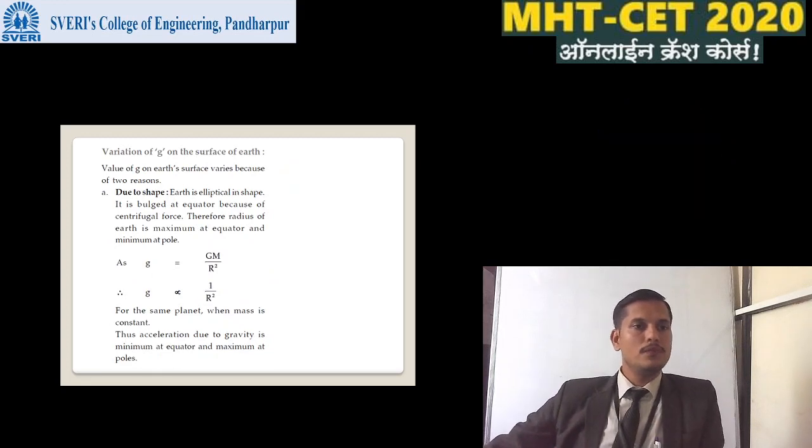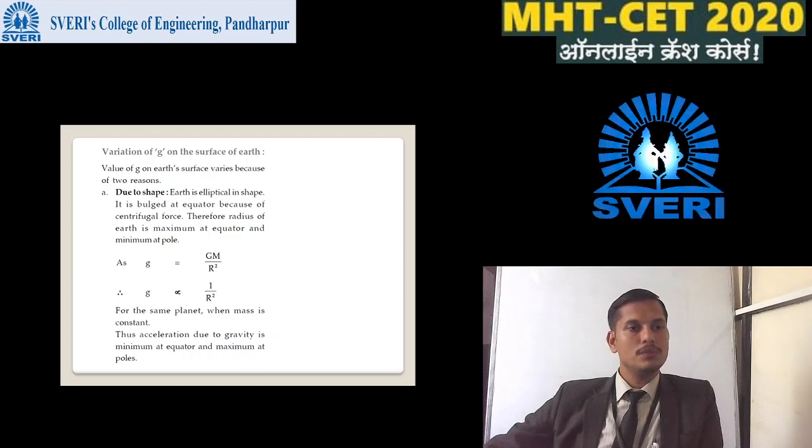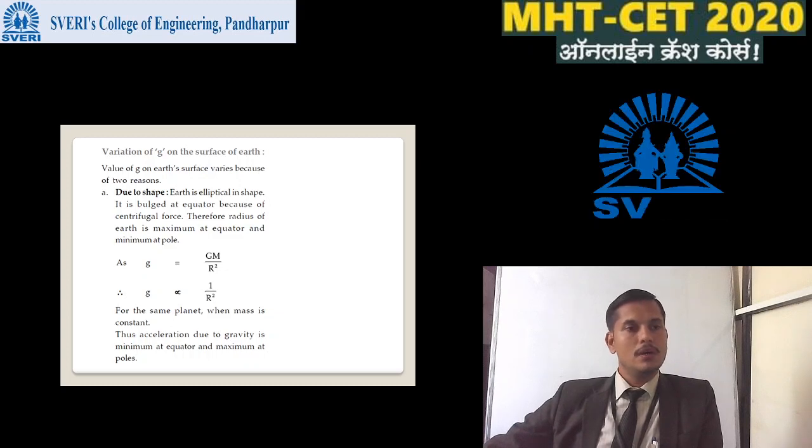Next, variation of g on the surface of the Earth. या केसमध्ये आता आपण काय बघतोय, तर ड्यू टू शेप ही केस कन्सिडर करतोय. Value of g on Earth's surface varies because of two reasons. First reason, due to shape: Earth is elliptical in shape. It is bulged at the equator because of centrifugal force.